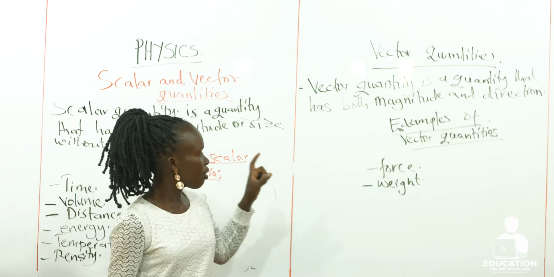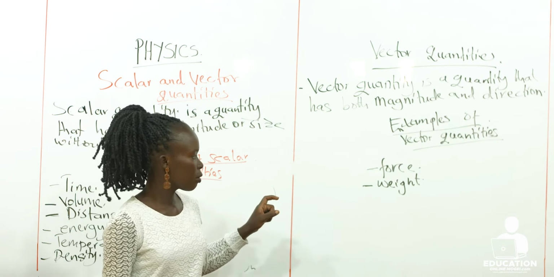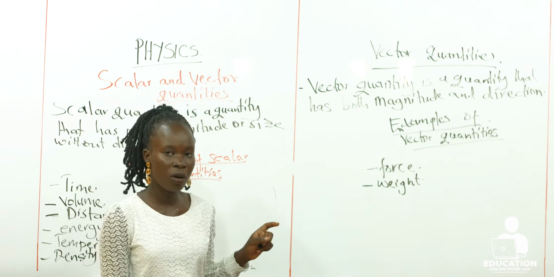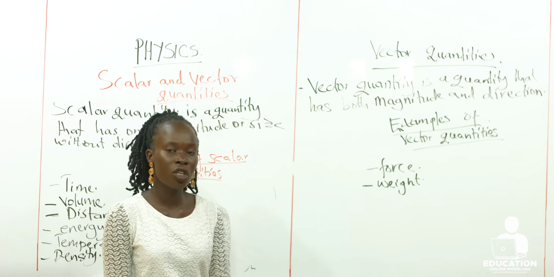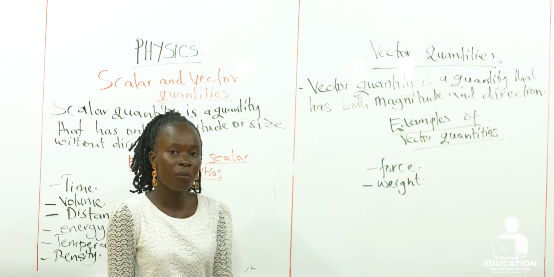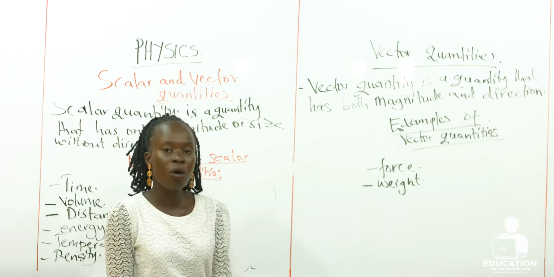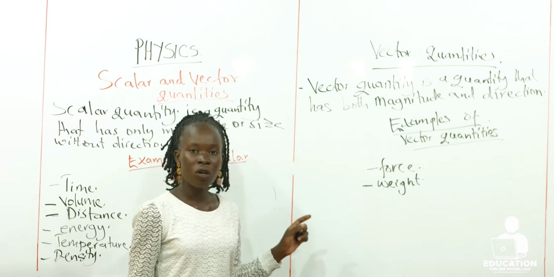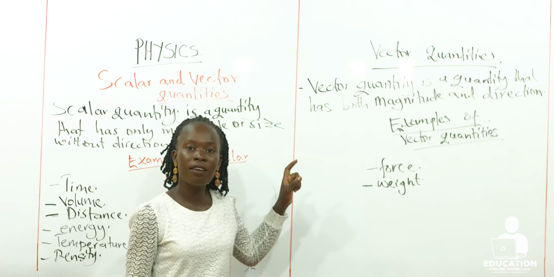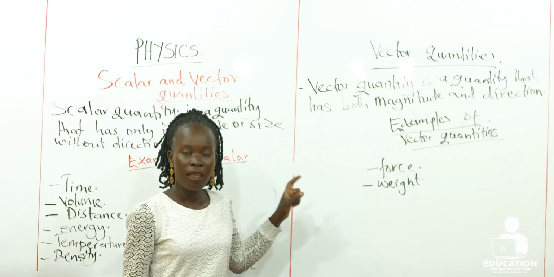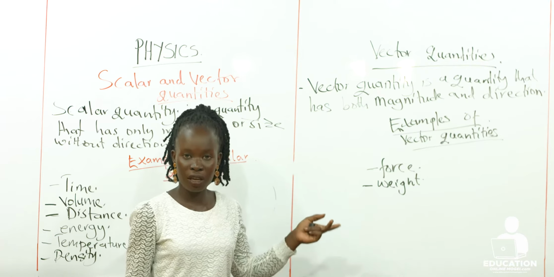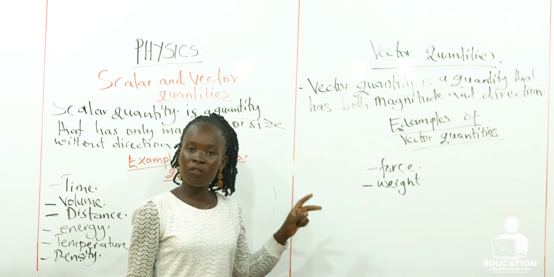If you look at the definition of weight, we are saying that weight is a force exerted on an object by gravitation, or by gravitational pull, or by gravity. So if it is a force, since we already know force has direction, that force gives weight the direction it takes. So what of the size?